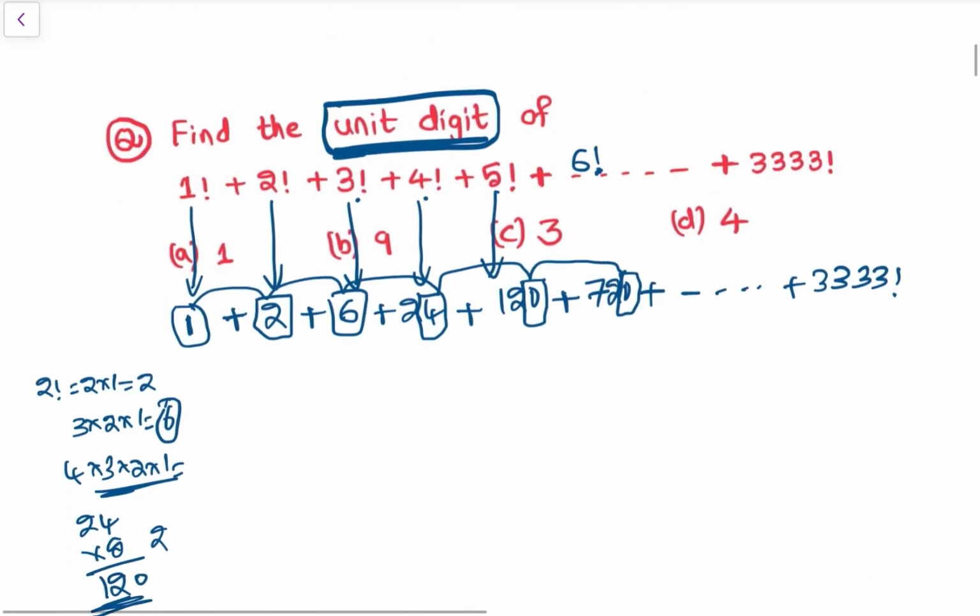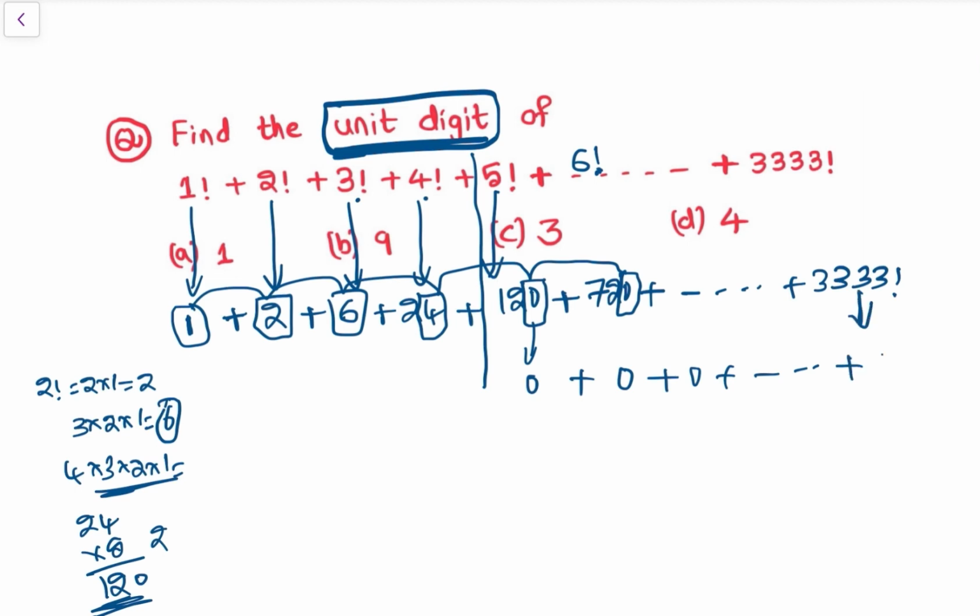So 5 factorial का unit digit is 0, plus 6 factorial का unit digit is 0, 7 factorial, 8 factorial, 100 factorial, कोई भी 0 होता रहेगा. And so 3333 का भी 0 हो जाएगा unit digit.